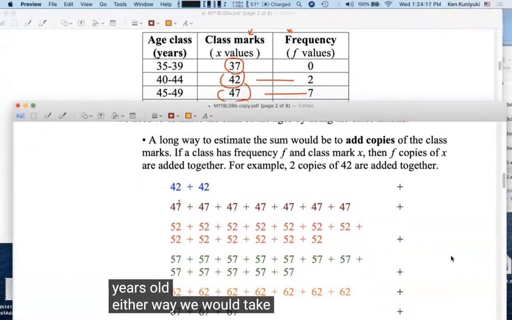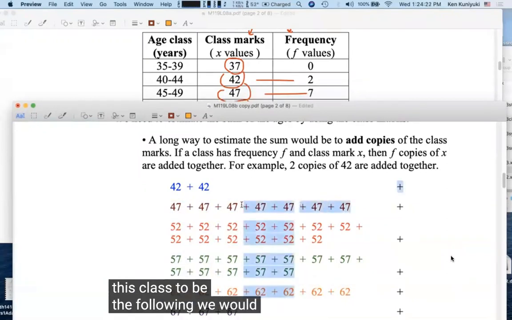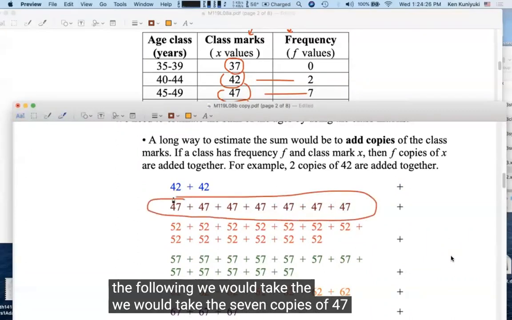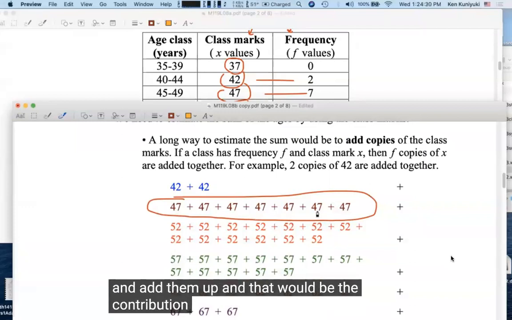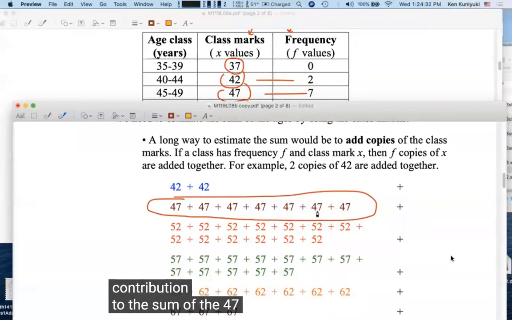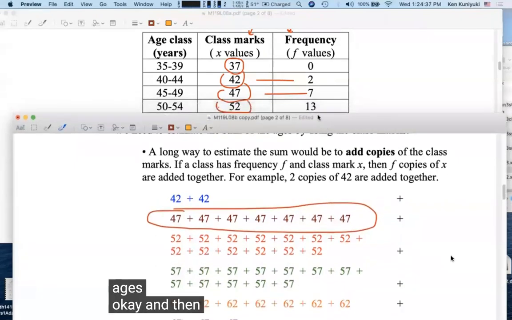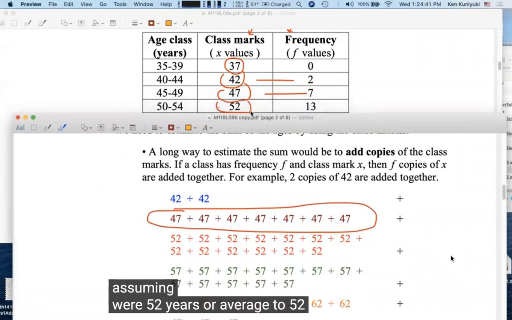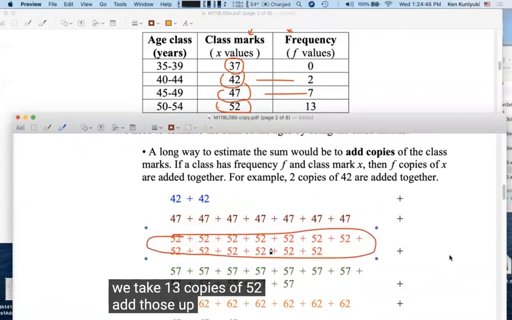Either way, we would take the 7 copies of 47 here and add them up. And that would be the contribution to the sum of the 45 ages. Okay, and then there were 13 ages we're assuming were 52 years or average to 52 years. So we take 13 copies of 52, add those up, and so forth.